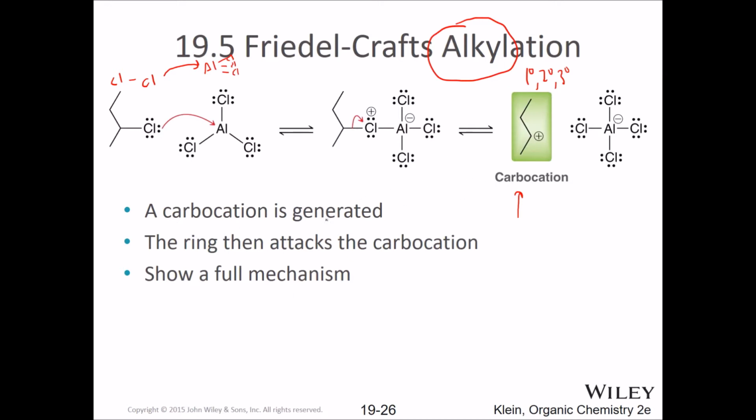That right there, as you see, is a secondary carbocation. In this case, it's secondary. And then the pi electrons attack the carbocation, just like that. So you get, boom, right?